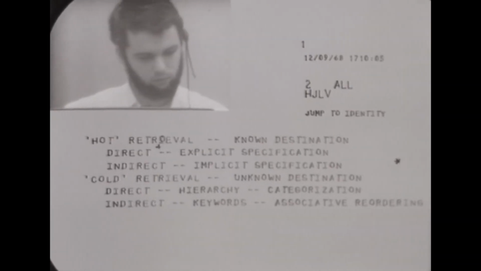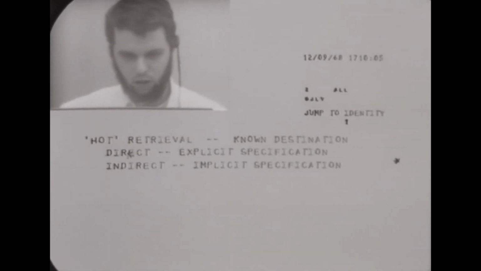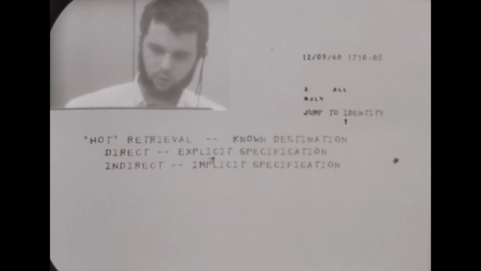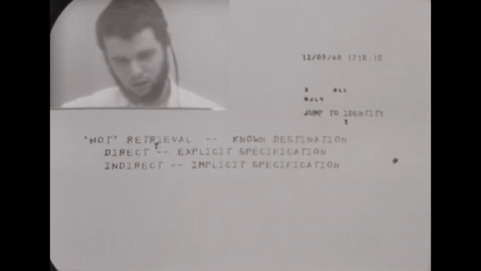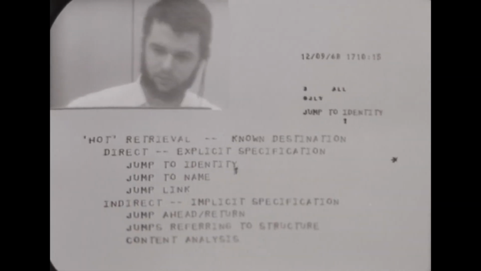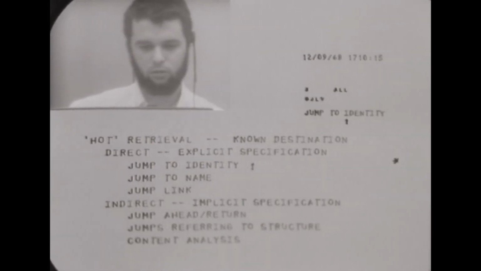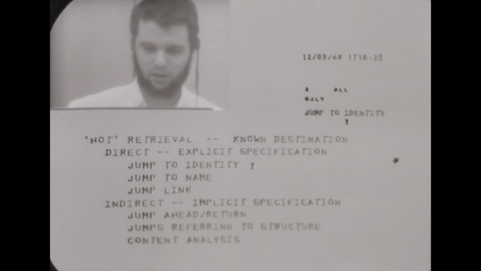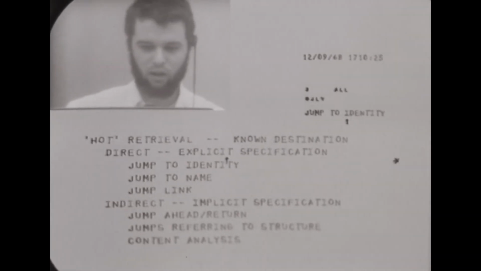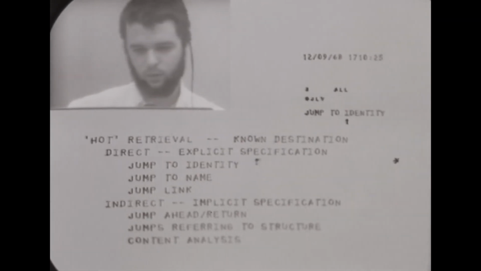Take a look at what we have under here. Good. Got both direct and indirect. The first, where you're making an explicit specification, and the second with an implicit. Let me explain what I mean by this. In the first case, you're actually able to point at the information you're trying to retrieve and move it into view.